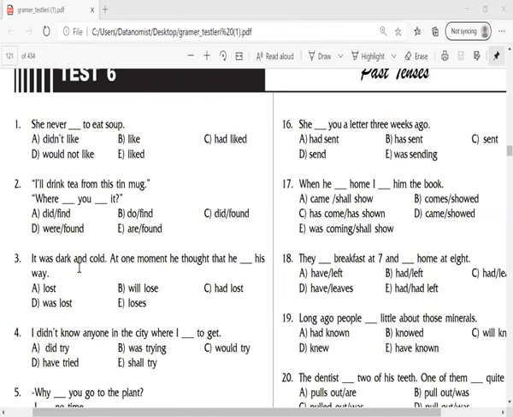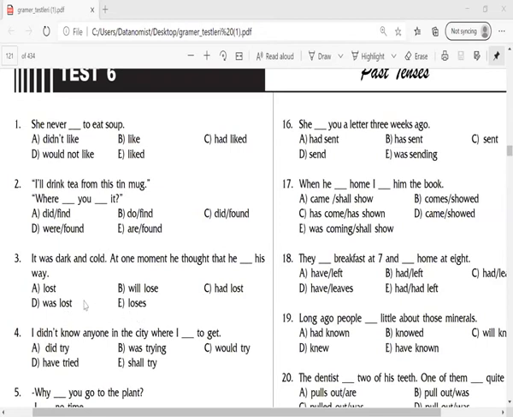Was dark, and also he thought. Then immediately I'll put it on the scale. Now I'm supposed to give this verb. He thought about an action which happened before this thought. He thought that he lost his way. He will lose his way? No way, because this is future, but my whole story is talking about past. Now, had lost, was lost, loses.